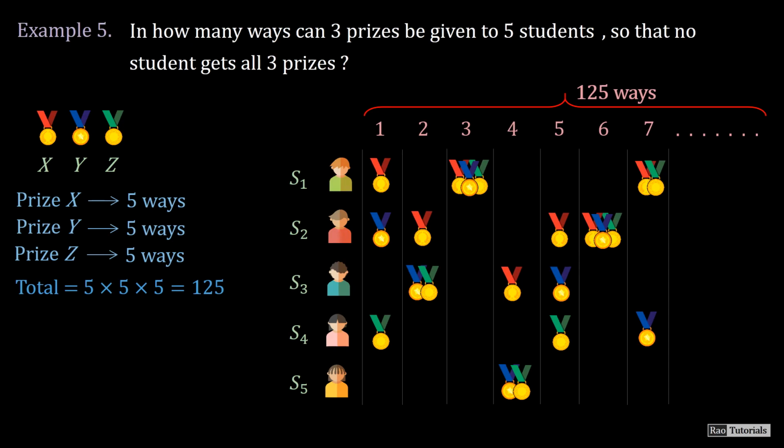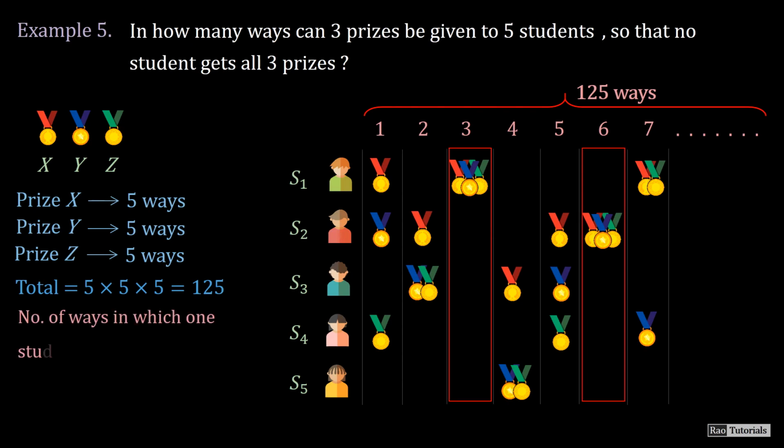Let us focus on those distributions where one student gets all the prizes. Like in example number 3, where S1 receives all 3 prizes. Or in example 6, where S2 receives all 3 prizes. Similarly, there will be 3 more distributions in which student S3, S4 and S5 will receive all 3 prizes.